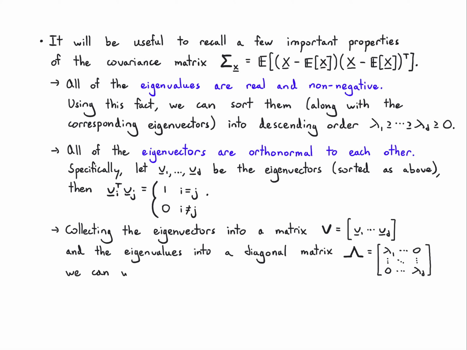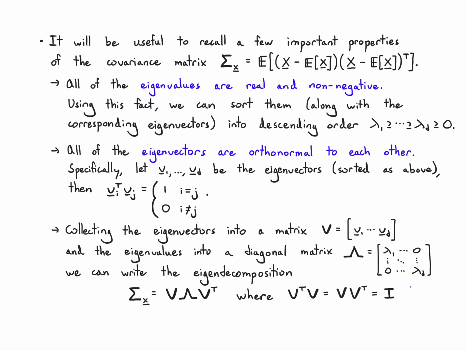With both of these things in hand, I can write what I call an eigendecomposition, which is that I decompose the covariance matrix as V times lambda times V transpose. It turns out that this V matrix of eigenvectors has a nice property that its transpose is its inverse, meaning that V transpose times V is equal to the identity matrix, which is the same as V times V transpose.